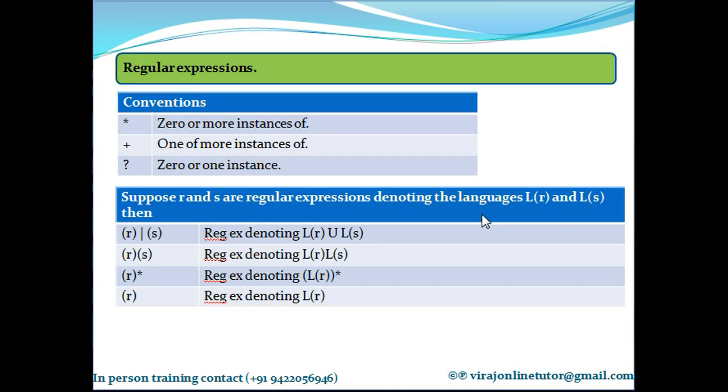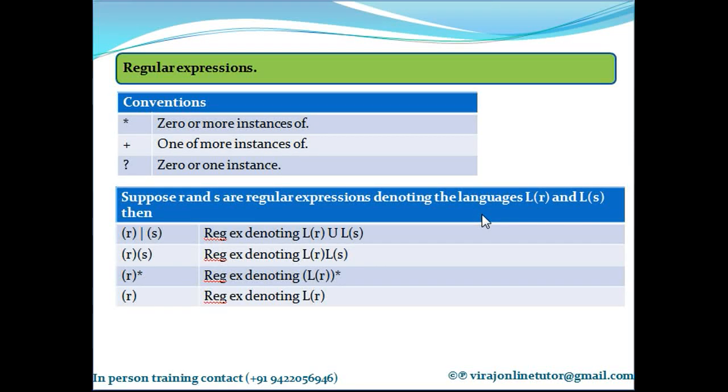The next terminology that you need to know is string. A string is a finite sequence of symbols drawn from the alphabet. So the alphabet is each individual character, and a string is made up of characters. Suppose I have a word called hello.